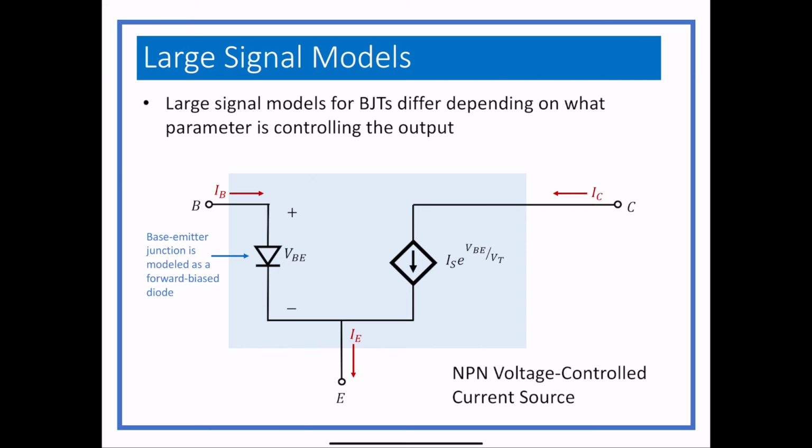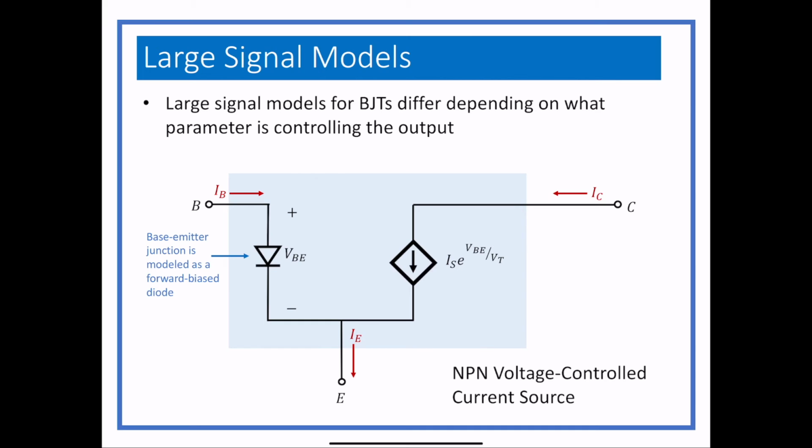A base emitter junction that's forward biased looks just like a diode. So we model that as a diode, and then we model the output current using the same almost diode voltage to create that collector current that's coming into the collector.